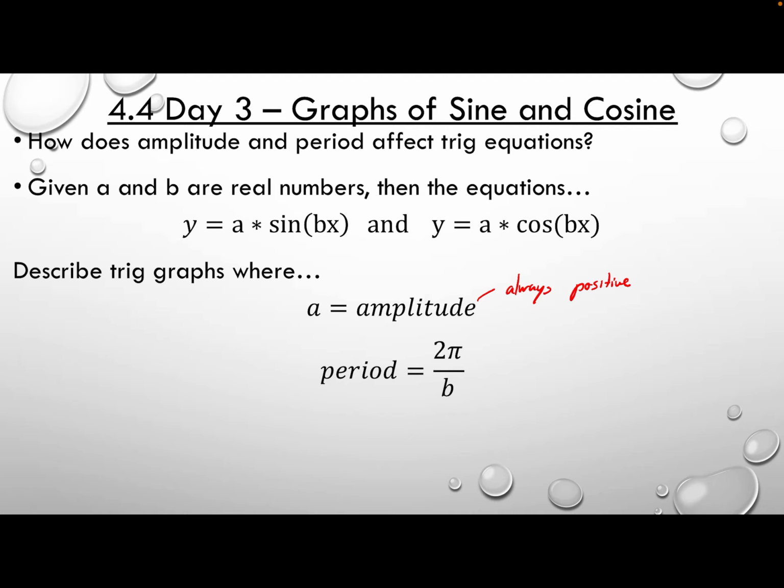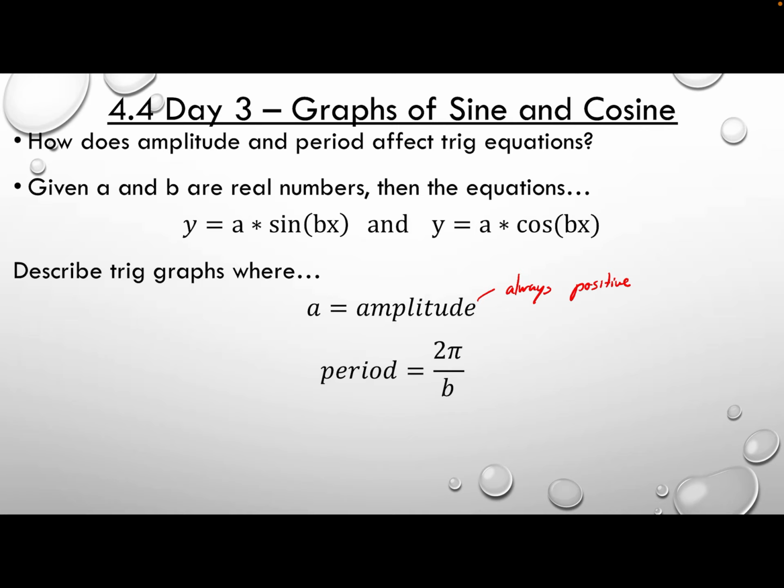So if the number in front of x was 2, your period would be 2 pi divided by 2. And remember, the period is the horizontal distance it takes the graph to complete one cycle. So that's how we determine the amplitude and period, just by looking at the equation.